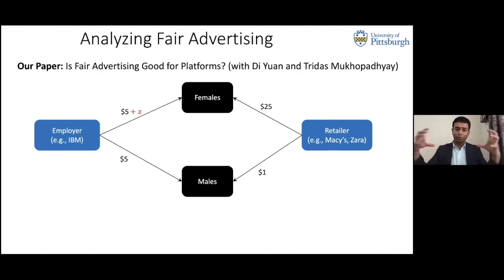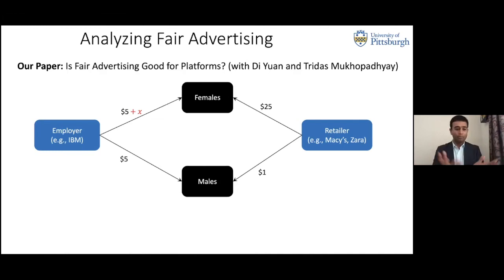Because of this more money put into the system, the competition actually heats up for females. And once the competition for females heats up, the male option starts looking attractive for the retailer, and it puts more money in the males also. Then the competition heats up for males also. So overall, both these advertisers start putting more money into the system.